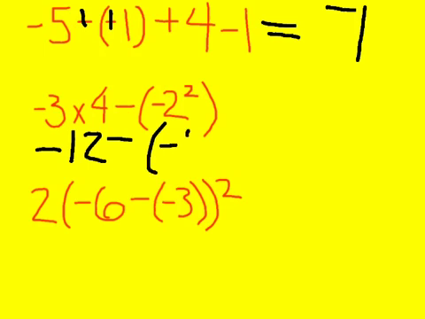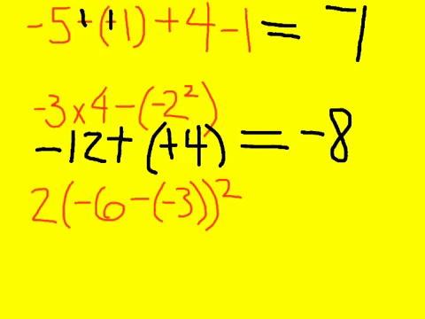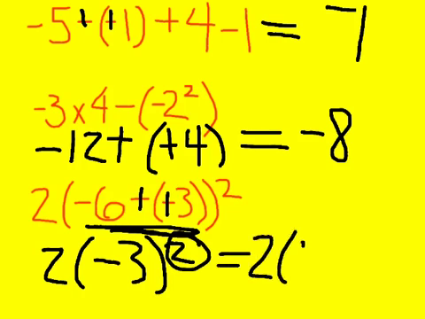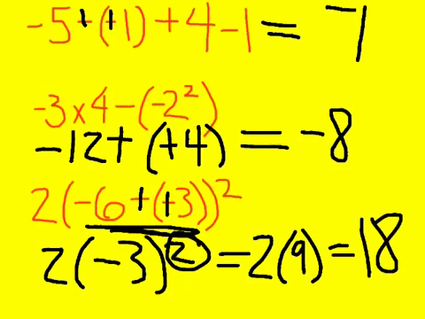So this is still negative, so that'll be negative 4. When we're subtracting a negative, we can change it to plus positive. Negative 12 plus a positive 4 will give us negative 8. For this one, we want to do the inside first. Negative 6 minus negative 3. Change it to plus positive 3. So that'll give us 2 times negative 3, and the exponent is on the outside, and negative 3 is inside parentheses. So we're doing negative 3 times negative 3. So that'll give us 2 times 9, and that's going to be 18.